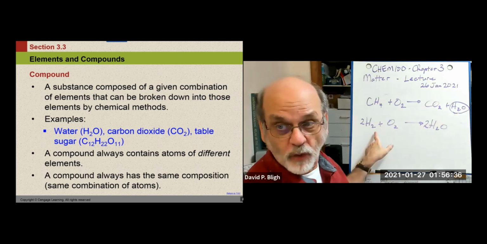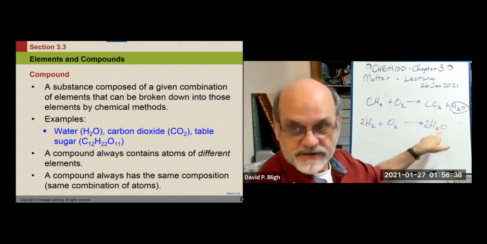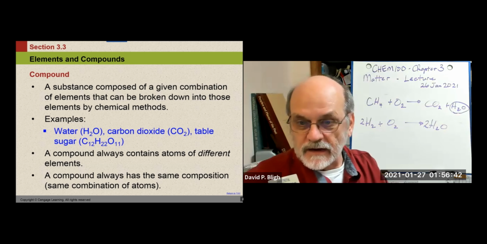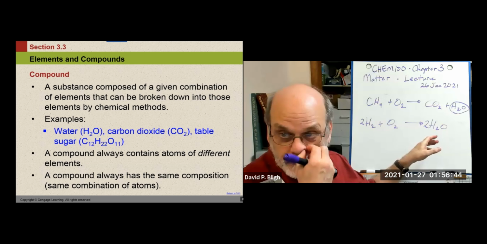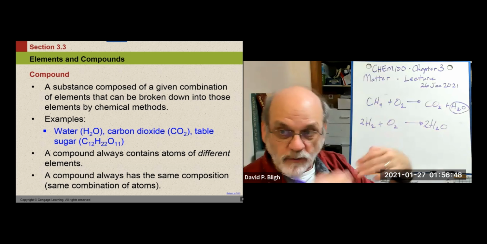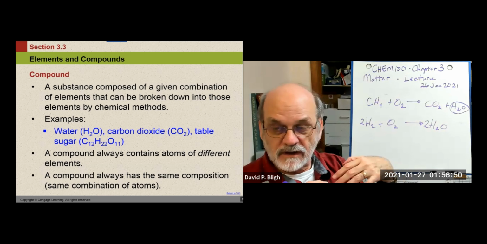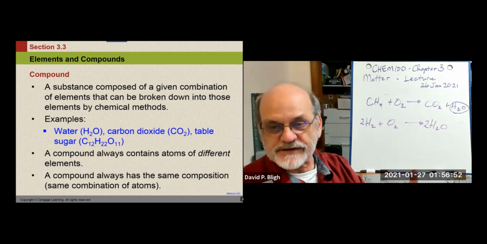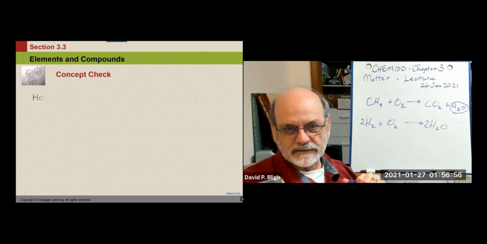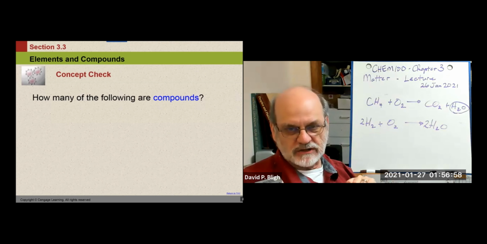It came from a different source, but it's still the same identity. Right? It doesn't matter where it came from, as long as you have the same elements bound together the same way, the same structure, then the compound is the same no matter where it comes from. As the same composition.